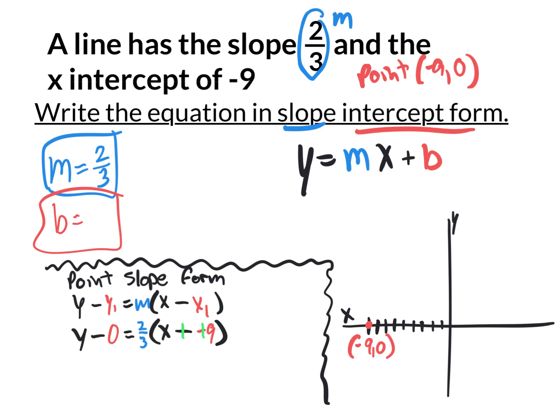We want slope intercept, which means y by itself and no parentheses. And that's pretty easy because y take away 0 is exactly that, y. Y is by itself. All I need to do is distribute this fraction into those parentheses. So before I do that, let me zoom in to have some space.